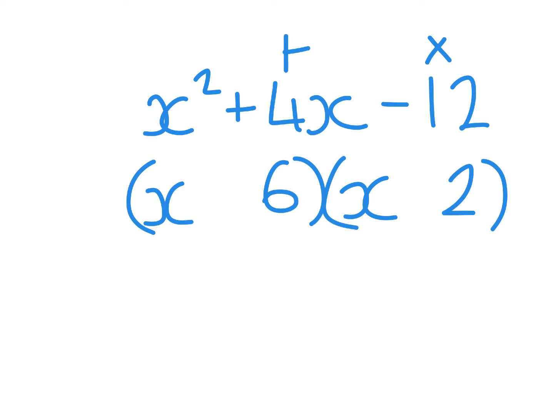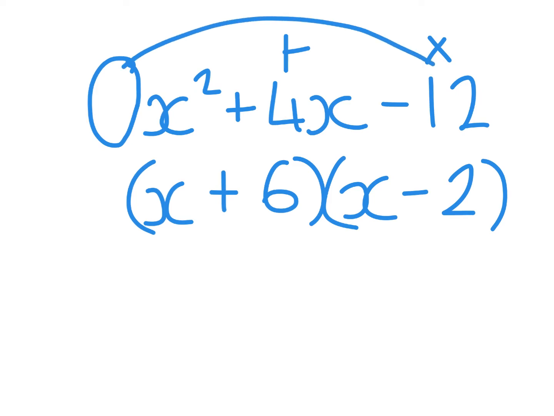The negative tells us that one's a plus, one's a minus, so plus 6 minus 2. They were dead simple. The difference is the minute I stick a number in front of this x squared, we're no longer going to look for numbers that multiply to 12. We're going to look for numbers that multiply to whatever our coefficient at the front is times 12.